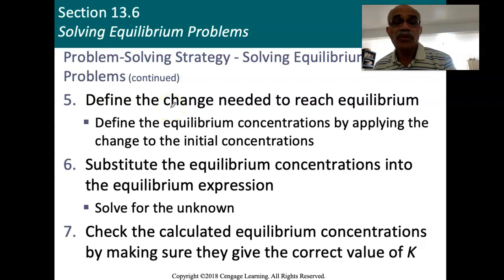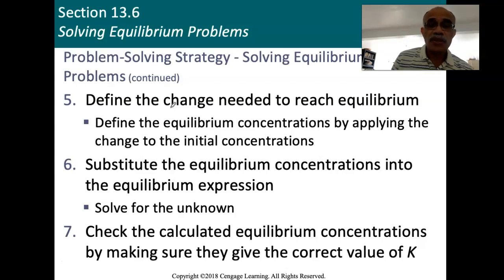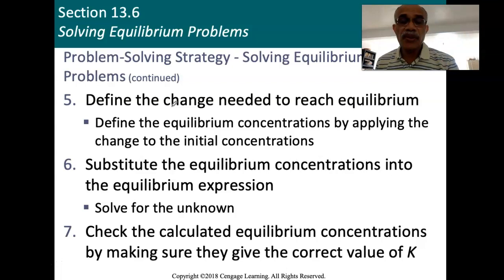Because when you know where the direction is, the change is critical because you'll know which one is consumed and which one will be produced, or formed. So in other words, it'll tell you the direction and also the right quantities, one that will be negative and the one that will be positive. So then substitute the equilibrium concentration into the expression and then solve.